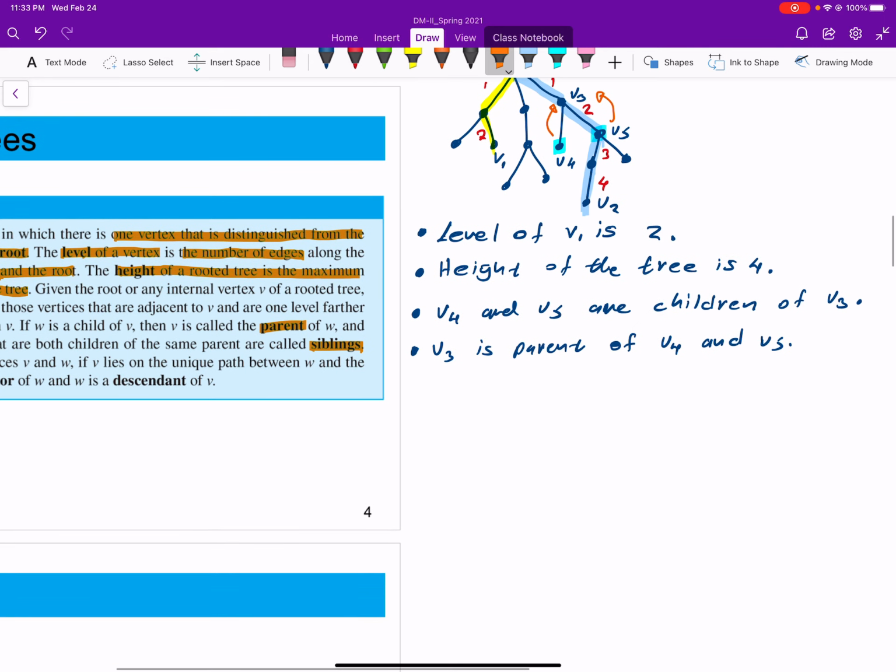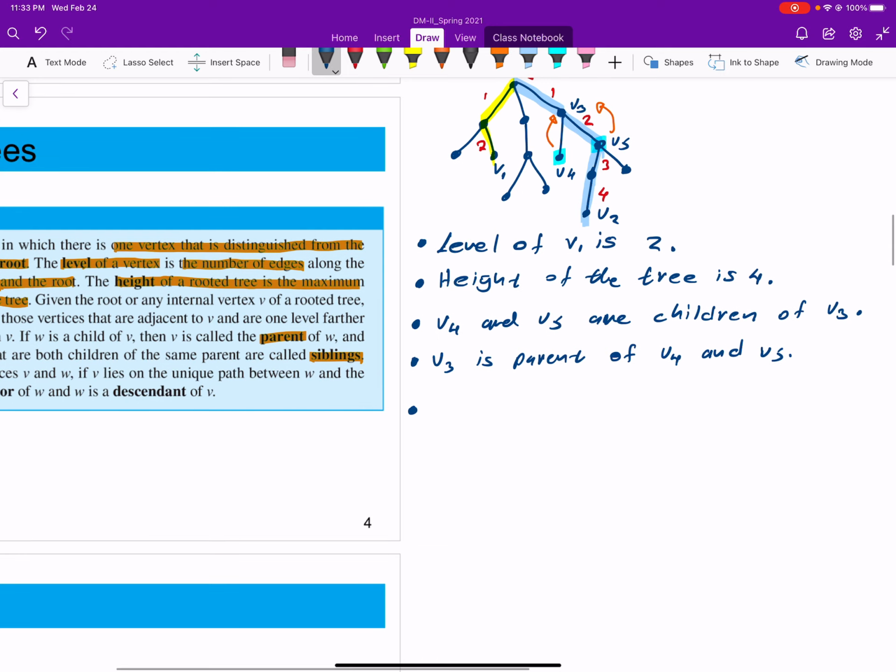All right, let me write it here. V4 and V5 are siblings.